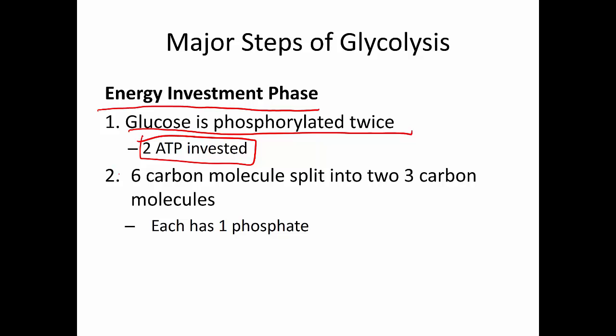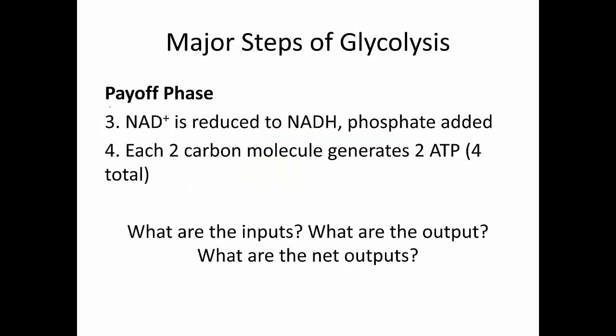Step 2, we have the 6-carbon molecule split into two 3-carbon molecules. That's our glyceraldehyde 3-phosphate, or G3P, and each one has a phosphate on the end of the molecule. After that, we start the payoff phase. This is where we generate ATP, or essentially a net gain in ATP.